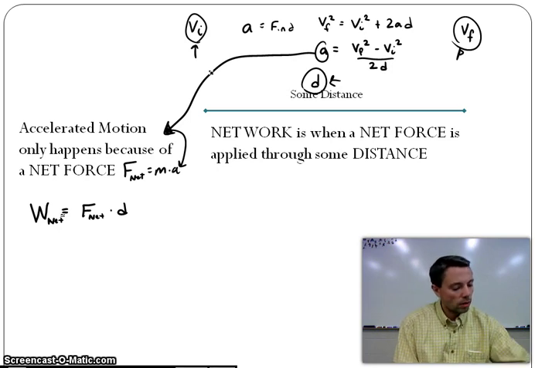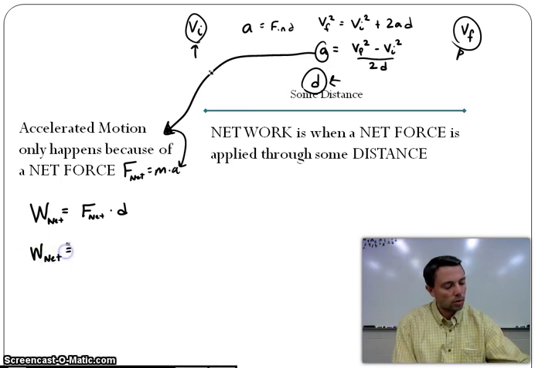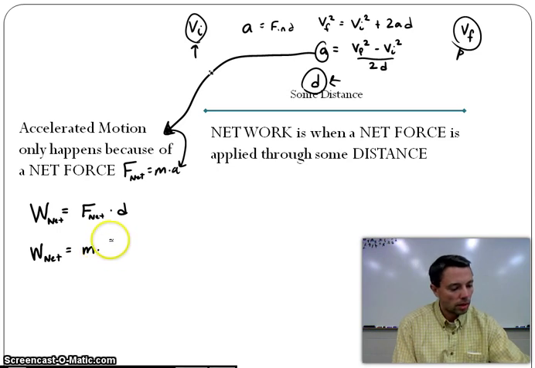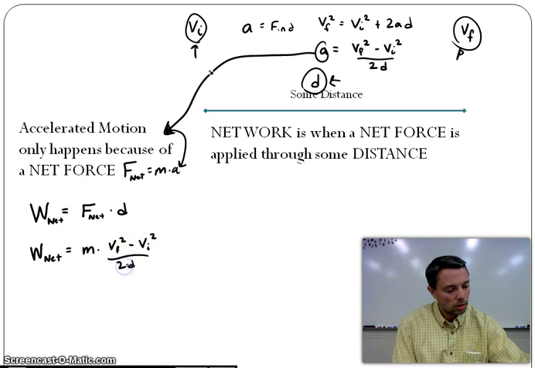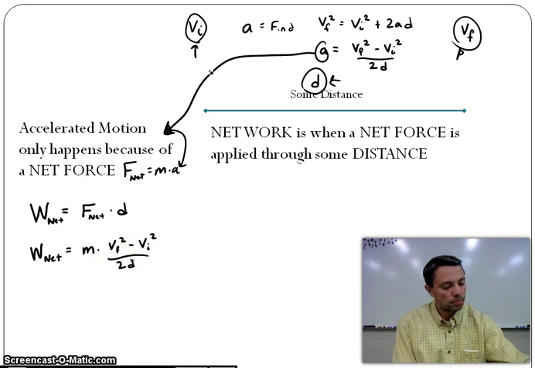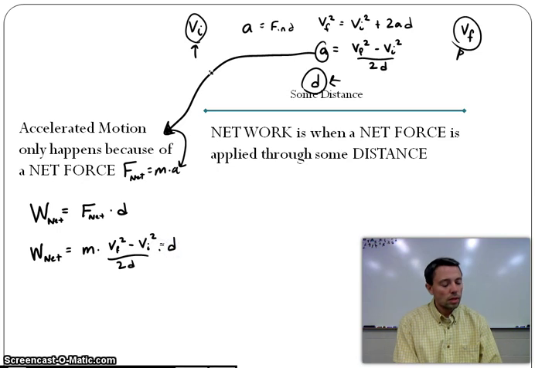So in other words, our work is nothing more than looking at this acceleration. If I look at net work, it is equal to a mass times my acceleration, which I'm going to write now as VF squared minus VI squared over 2D, times D. I can see that mathematically the D's are going to cancel.